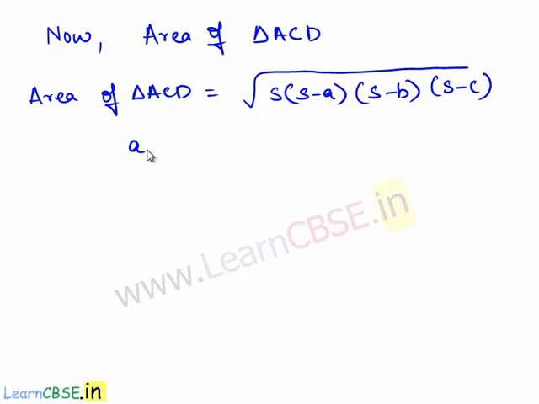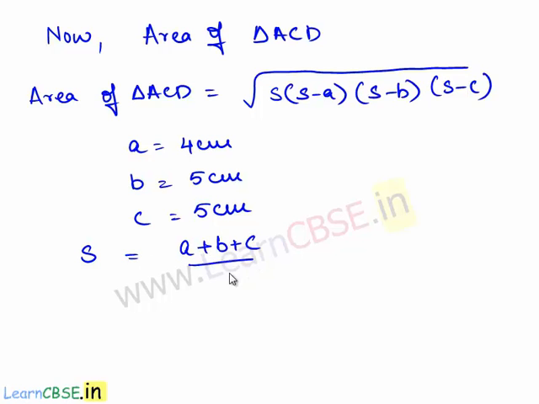So a is equal to 4 centimeters, b is equal to 5 centimeters and c is also equal to 5 centimeters. Now let us find the semi-perimeter, that is (a plus b plus c) by 2, which is equal to (4 plus 5 plus 5) divided by 2. So it is 14 divided by 2, which is equal to 7 centimeters.